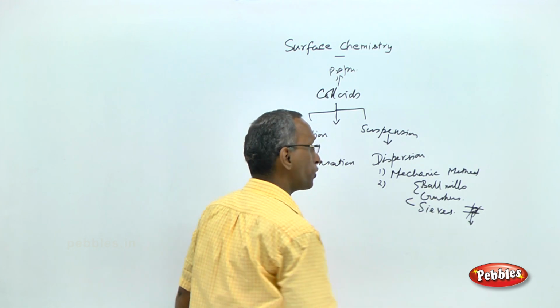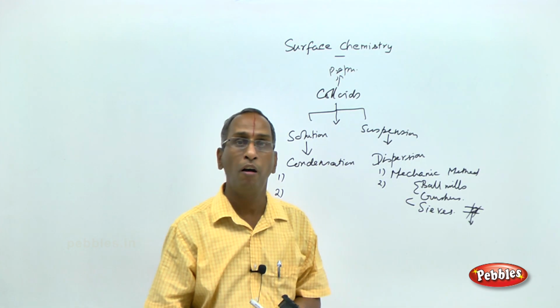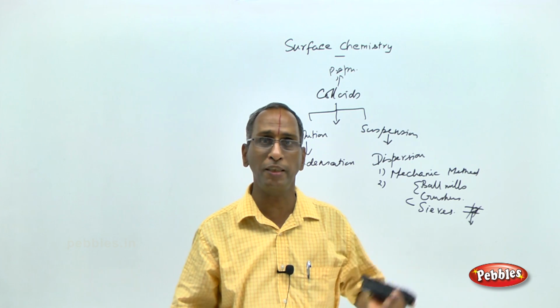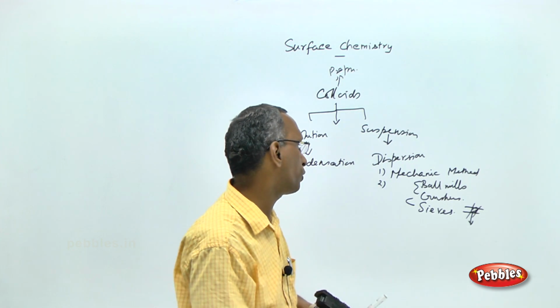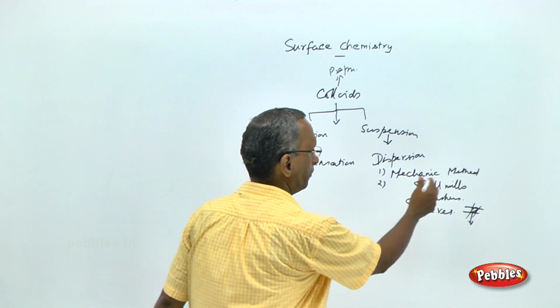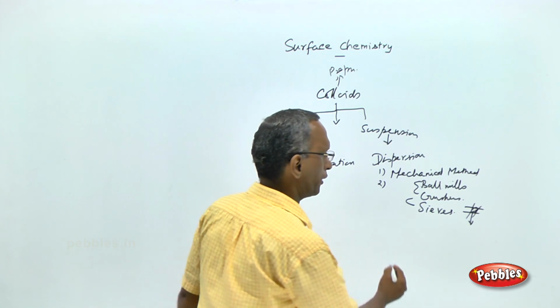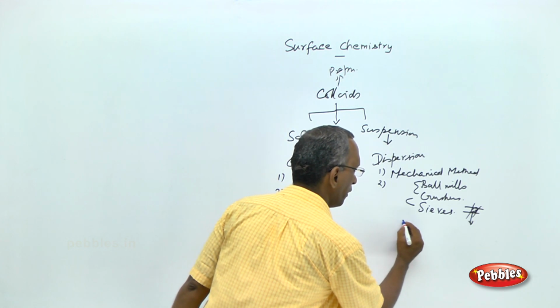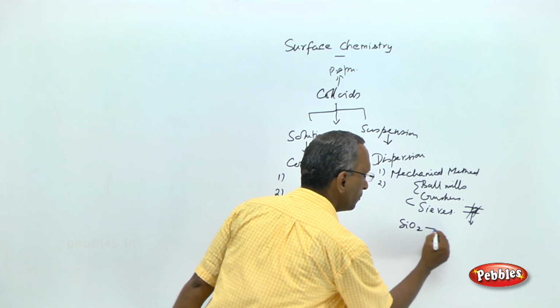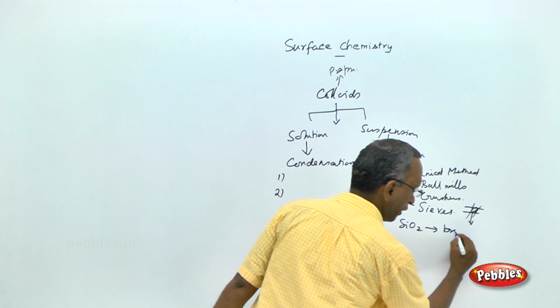Sieving is a supplemental method. First, the material has to be crushed either by using ball mills or crushers. The crushed particles can then be subjected to the action of sieves. That is one mechanical method of disintegration to get colloids. For example, silica particles can be broken down.